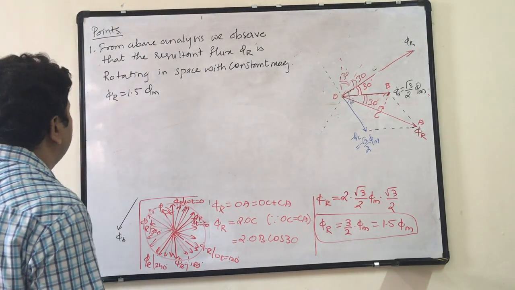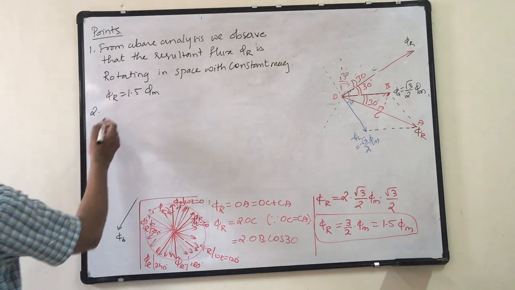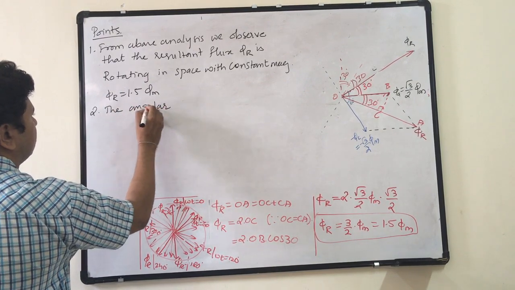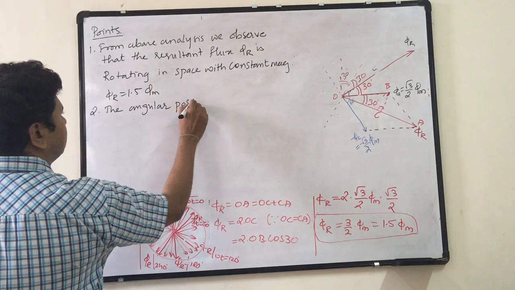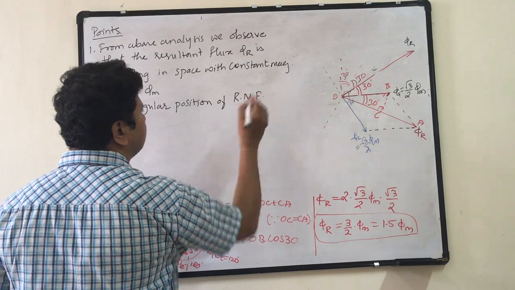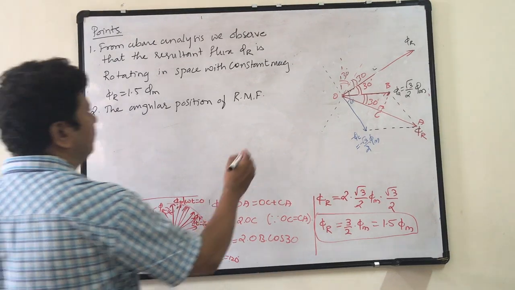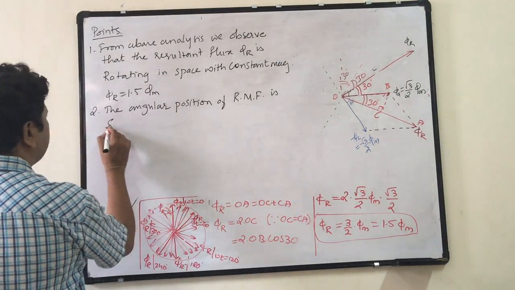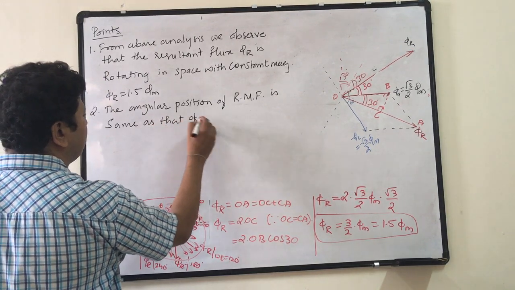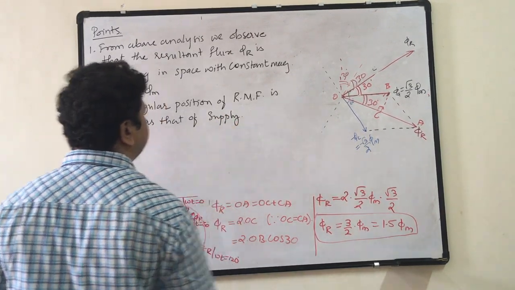But the other point we can observe is the angular position of the rotating magnetic flux or rotating magnetic field, RMF I will write. The angular position of RMF is the same as that of the supply.